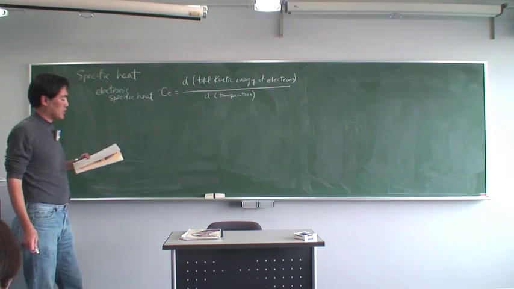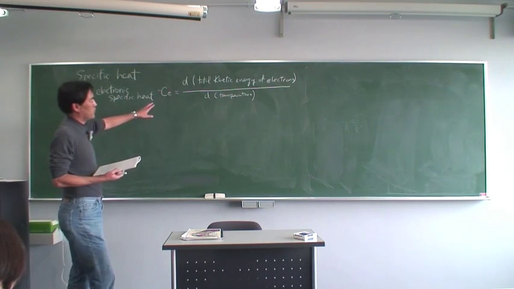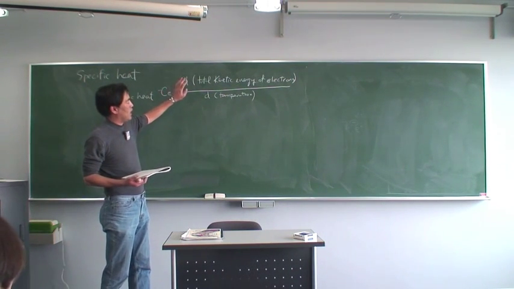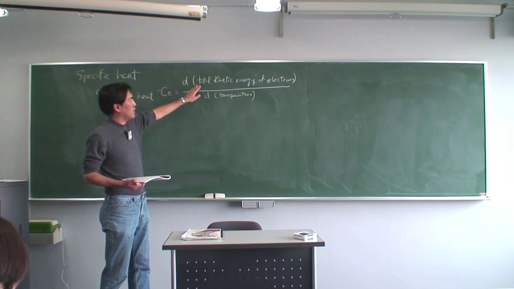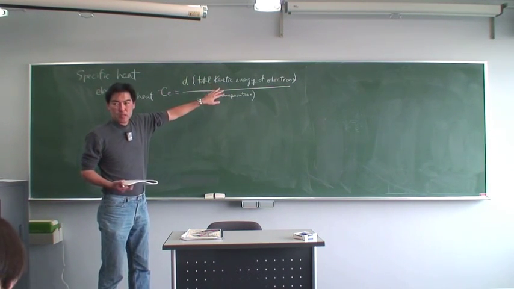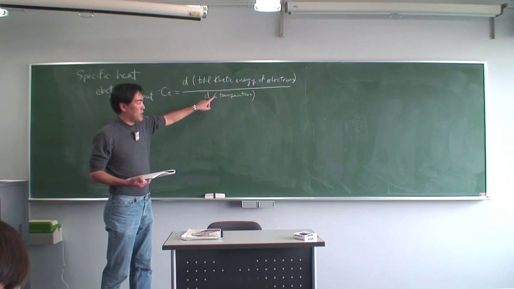So basically, it is defined as how much the kinetic energy of an electron changes depending on the temperature.